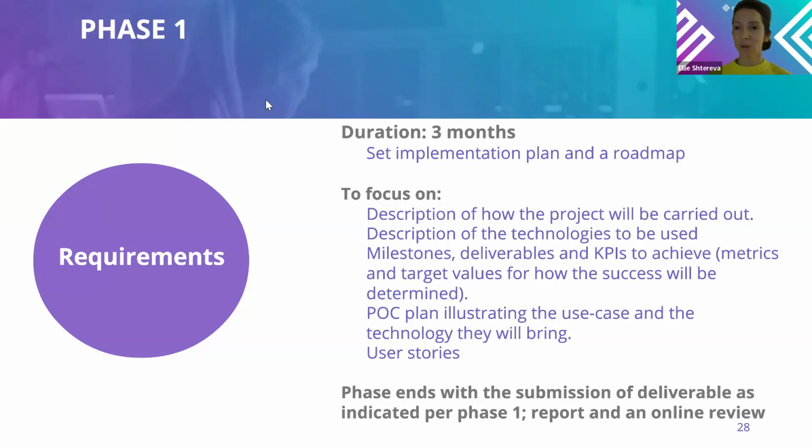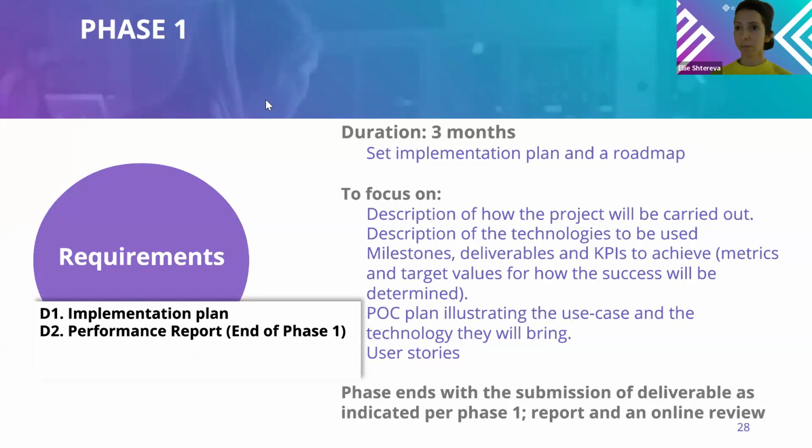And then this is going to be substantiated within phase 3, seeing your user studies report, as this is one of the deliverables that we will be expecting. Phase 1 requirements finishes, as all other phases and sprints presented by Eva, with a final written report and an online review.